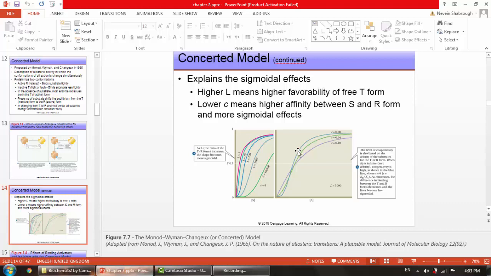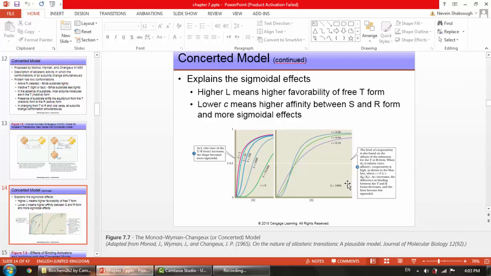As the value of C increases from 0 to 0.04 to 0.1, the curve becomes less sigmoidal and more hyperbolic. Okay, so these are the 2 points you should know about this plot.